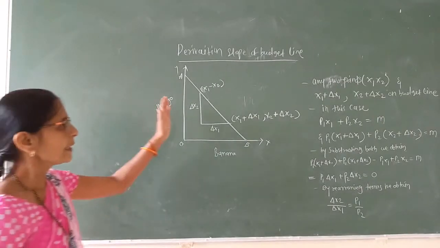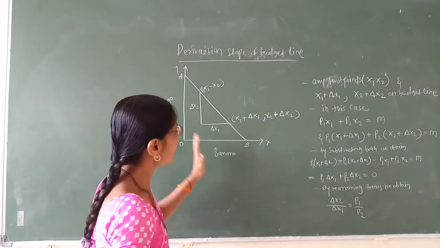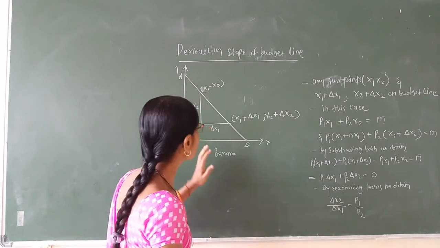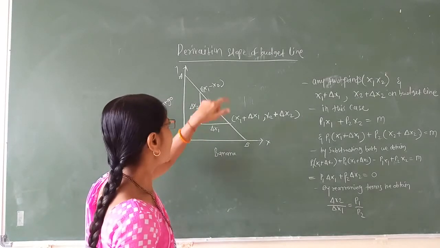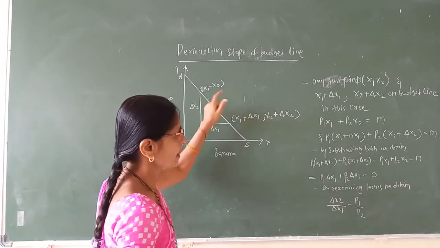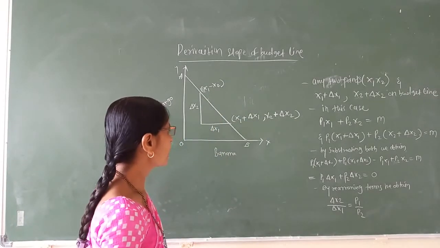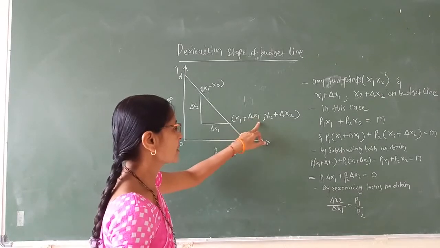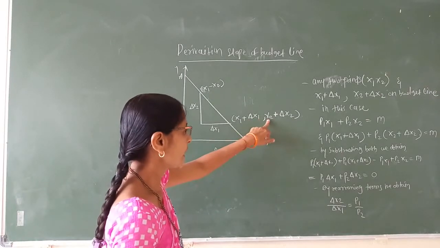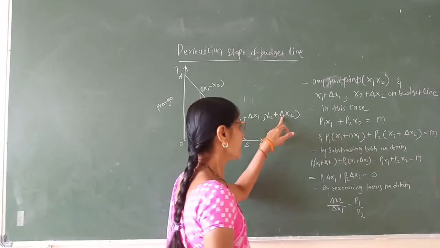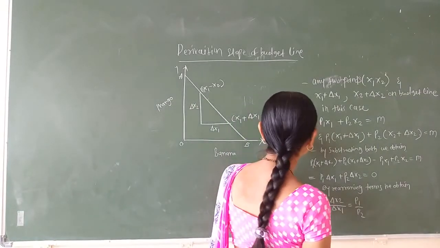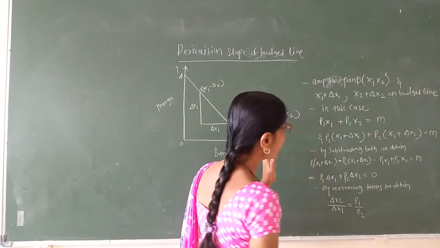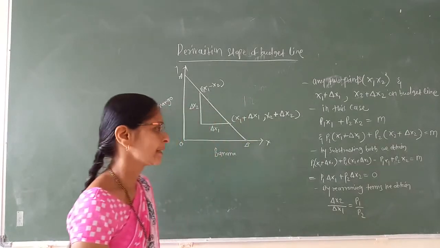Here, any two points, x1 and x2, and x1 plus delta x1 and x2 plus delta x2, are on the budget line.